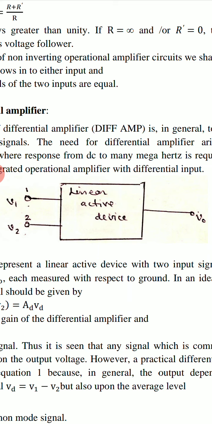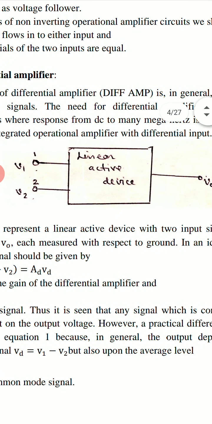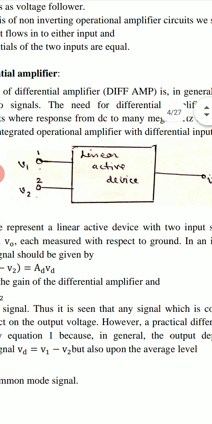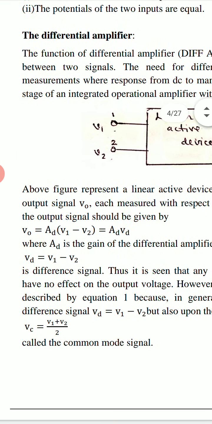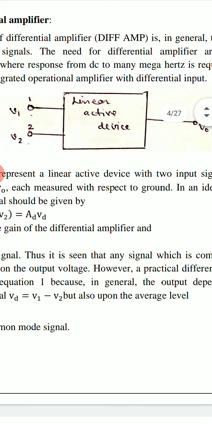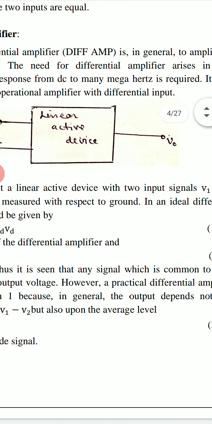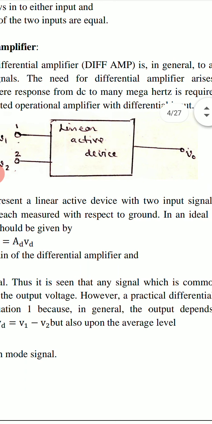This output voltage is proportional to the difference of the applied voltages V1 and V2. Each voltage V1, V2 and VO is measured with respect to ground.